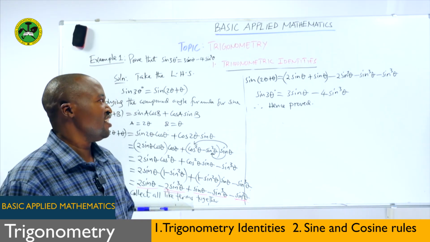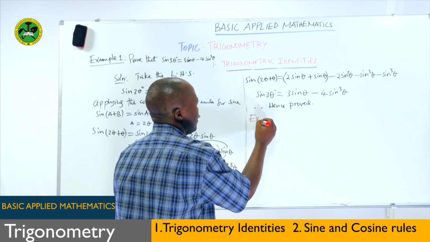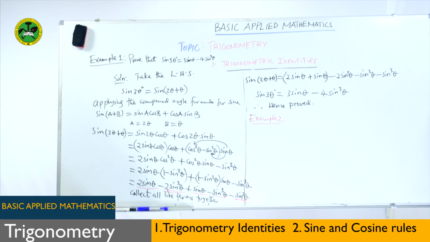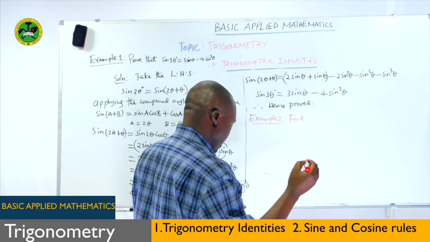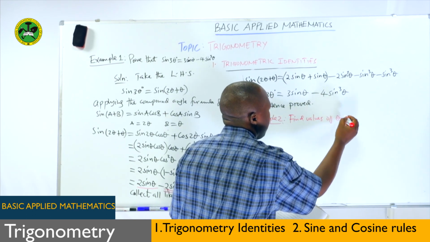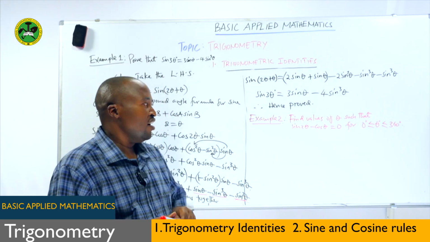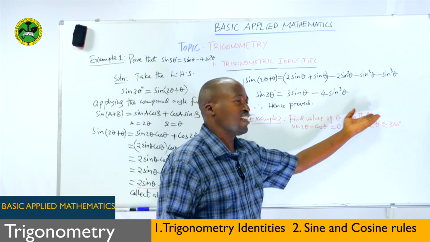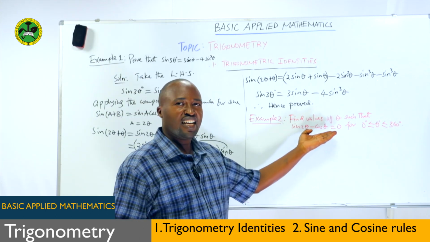Okay, my dear student, let us see another example. This time, that is called example 2. We have the question here, which says, find the values of theta such that sine 2 theta minus cos theta is equal to 0.